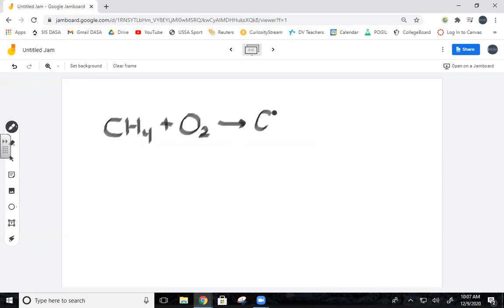CO2. Do I have enough room? H2O. Beautiful. All right. This is a reaction that we've talked about a lot, and I know you're sick of seeing it, but it's one of my favorites. Okay, CH4 plus O2 makes CO2 and H2O.